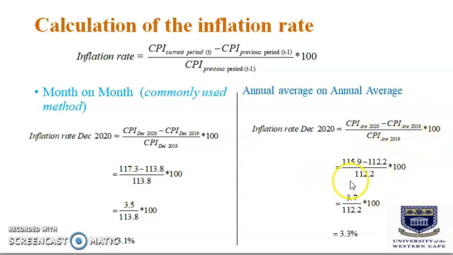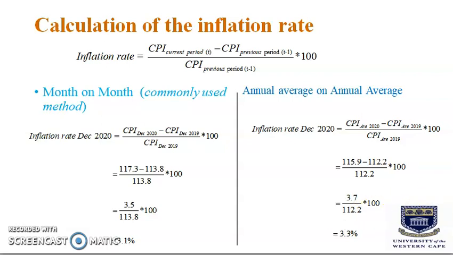If we substitute values, we would have 115.9 minus 112.2 divided by 112.2 multiplied by 100, and that should give us 3.7 divided by 112.2 multiplied by 100. If we solve that further, we should have 3.3%, which simply indicates that on average prices increased at a rate of 3.3% between 2019 and 2020.